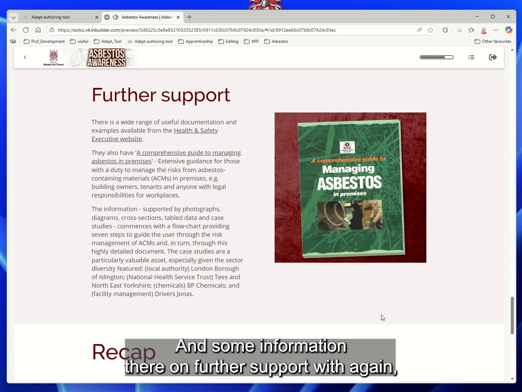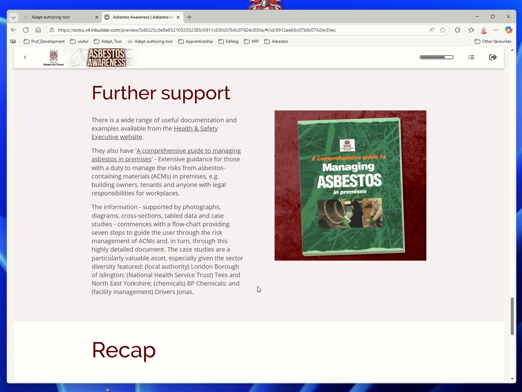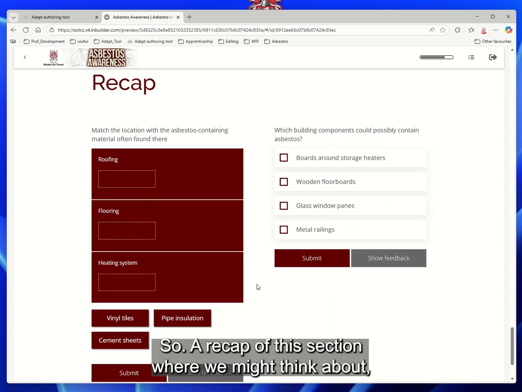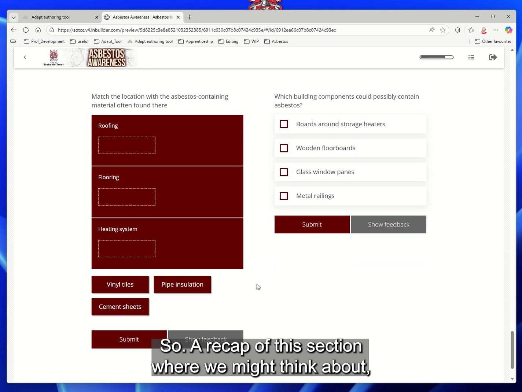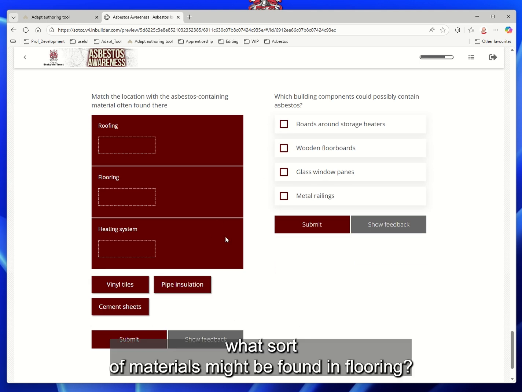And some information there on further support with, again, more links to the Health and Safety Executive who have very important work to do.